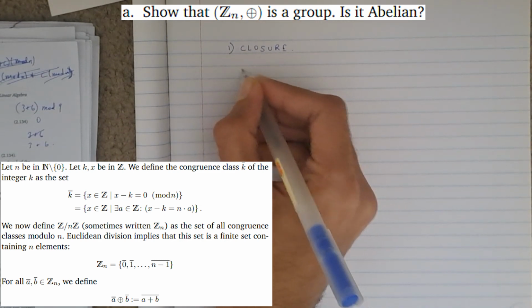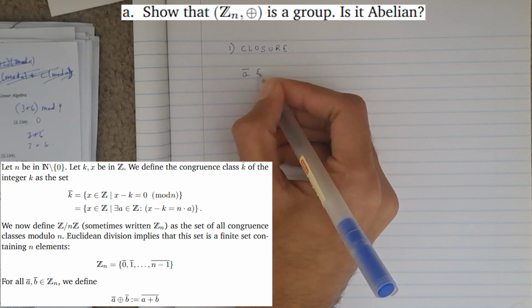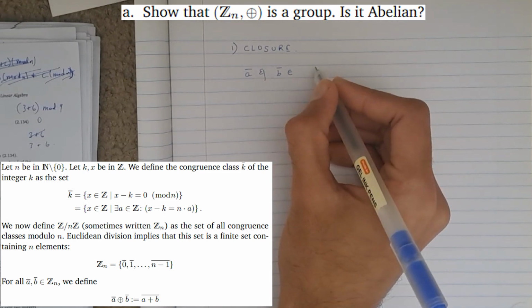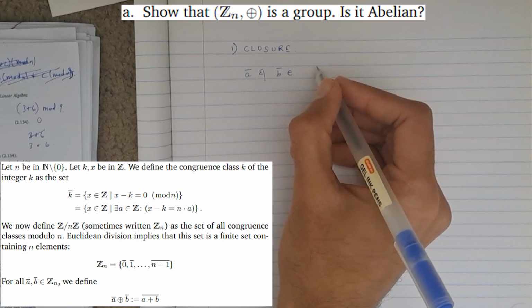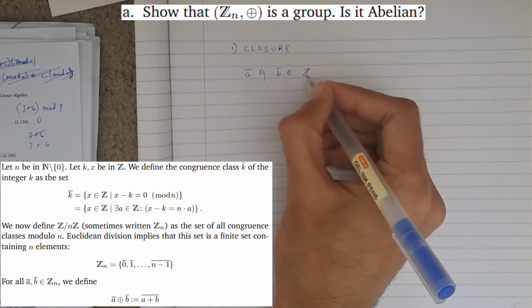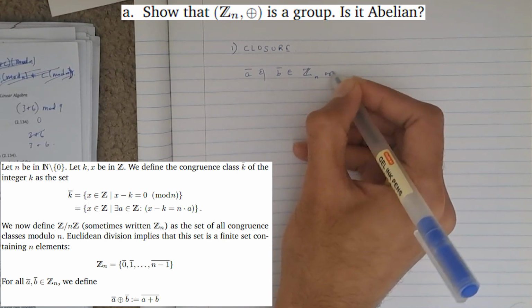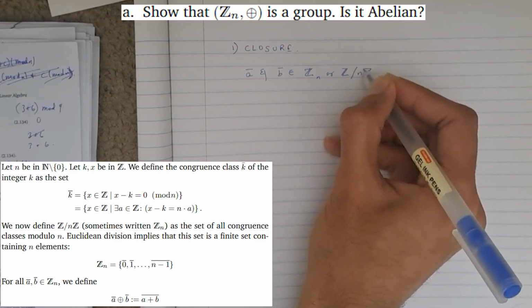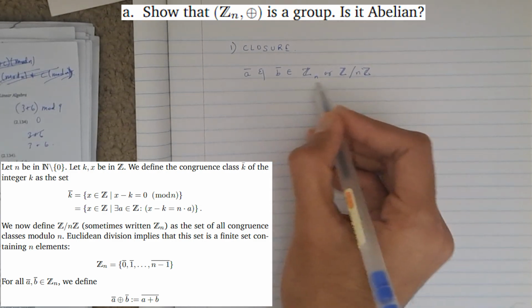So let's assume 2 elements A and B. They are both elements in the set Zn. Let's use this notation. The question has provided us 2 notations that we can use. They're both equivalent.